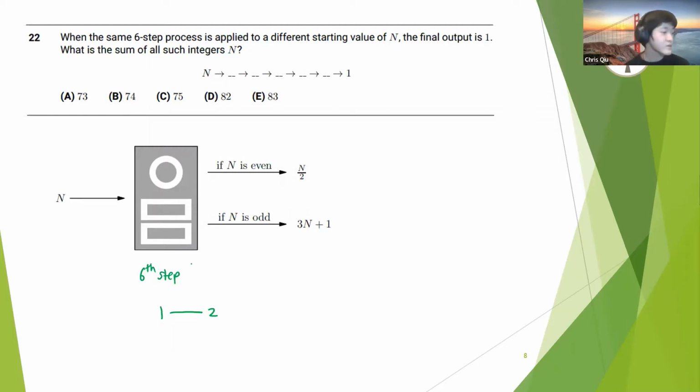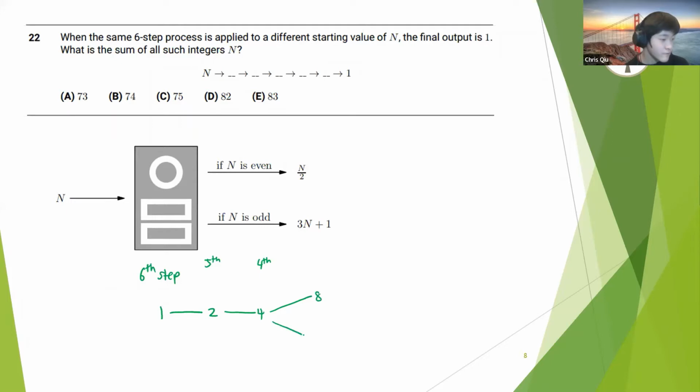So the only possibility for the 5th step is 2. On the 4th step, the only possibility is 4, because 2 cannot be written as 3n plus 1 for an odd number. And you can continue working backwards.